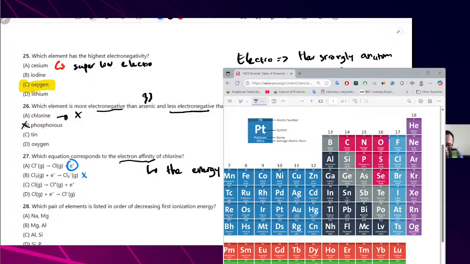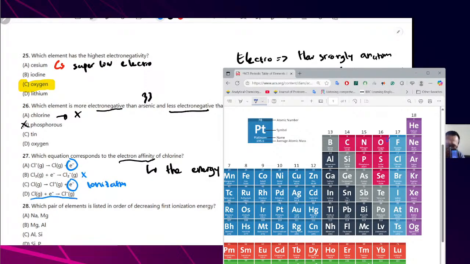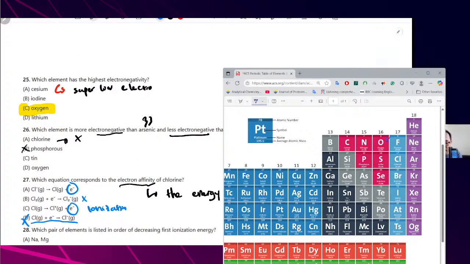Again, it shows loss of electron, which means this is ionization, not affinity. And then this one is affinity, which means gaining an electron. So based on this concept, the neutral one gaining an electron becomes chlorine minus. This is the affinity.